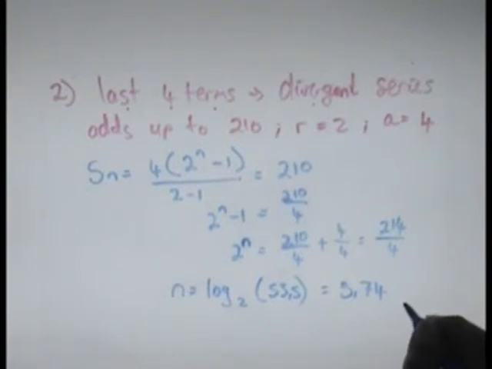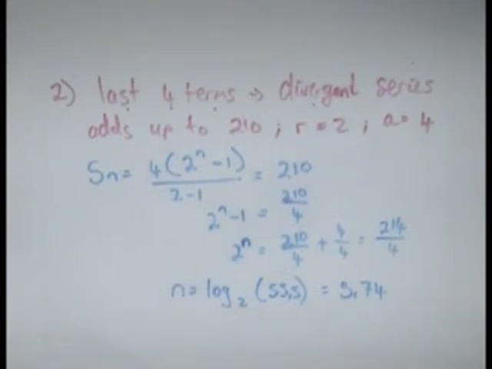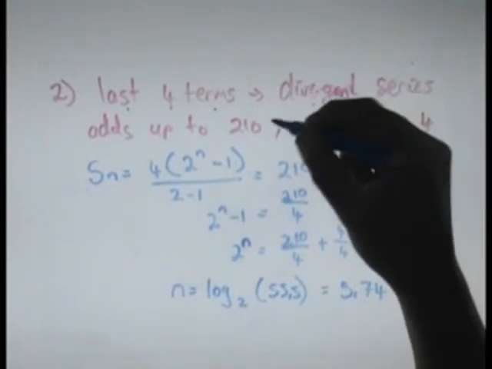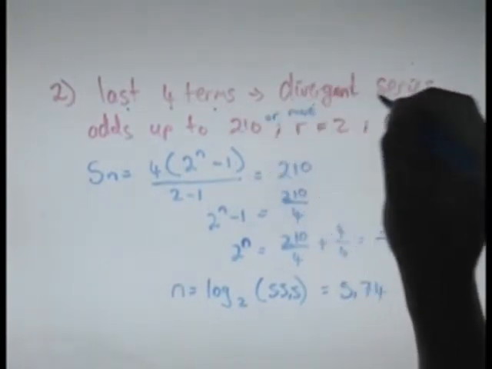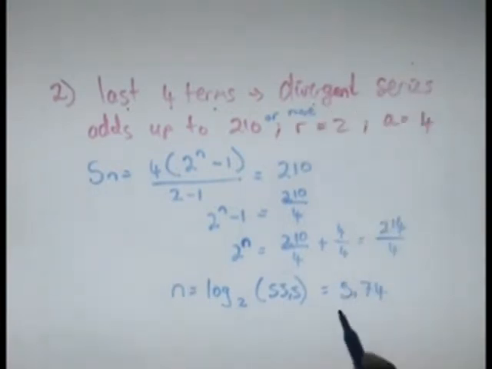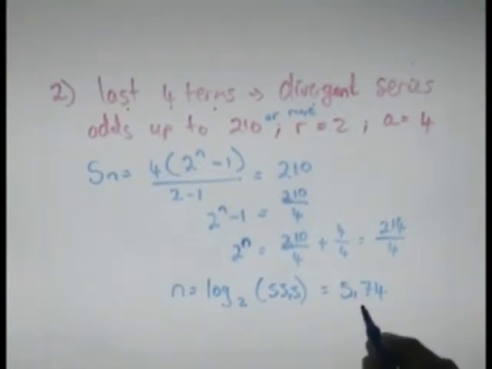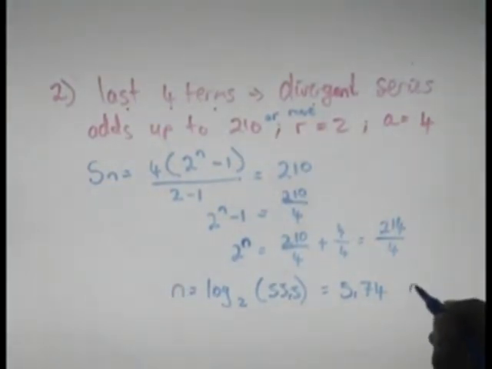Now 5.74 terms, remember I said how many terms add up to 210 or more. 5.74 terms will add up to 210. That means that we are looking for n is equal to 6 terms.